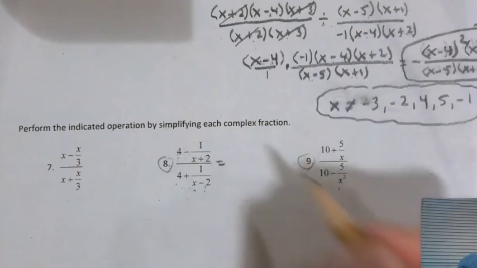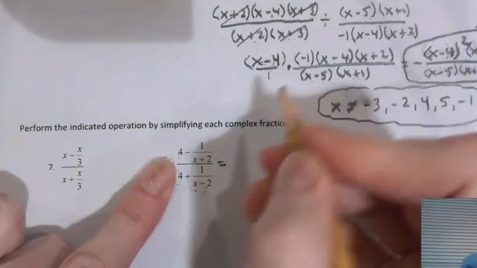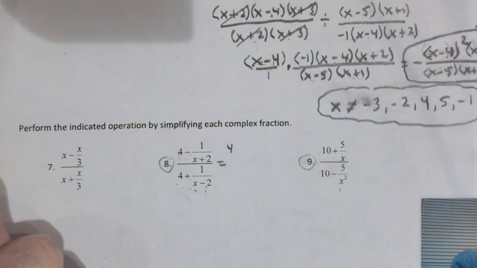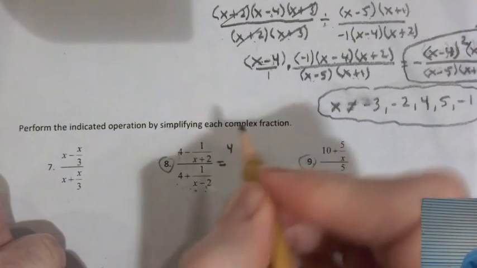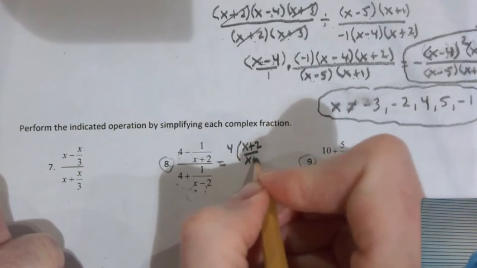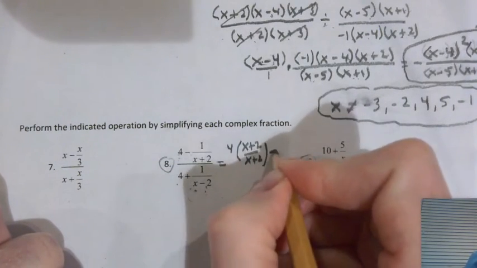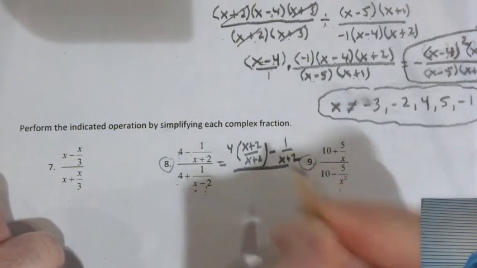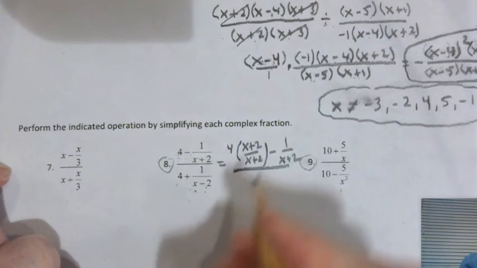First, let's get common denominators at the top. So we've got a 4, and our common denominator on top is going to be x plus 2. So we multiply by x plus 2 over x plus 2. And then we get minus 1 over x plus 2. On the bottom, our common denominator is going to be x minus 2.